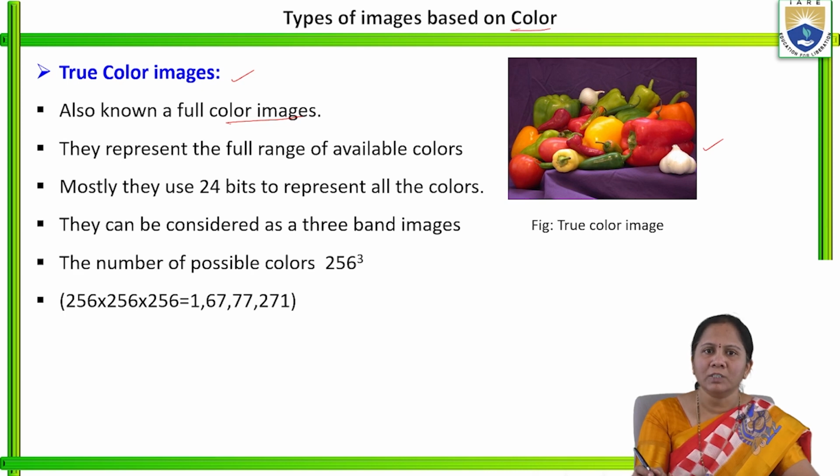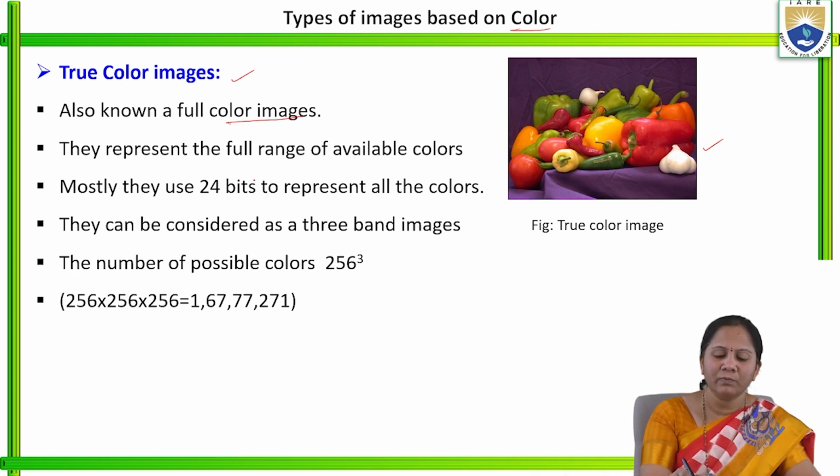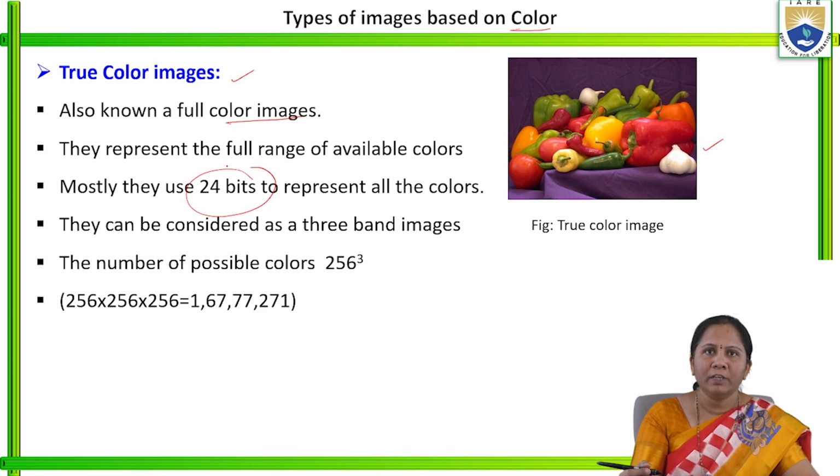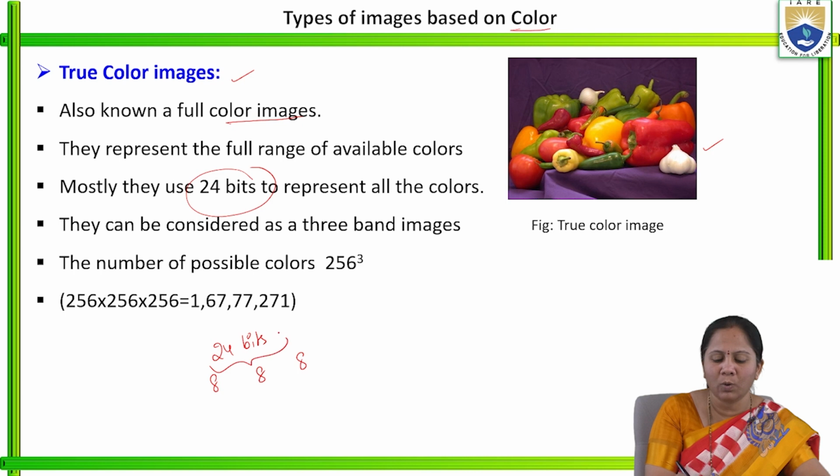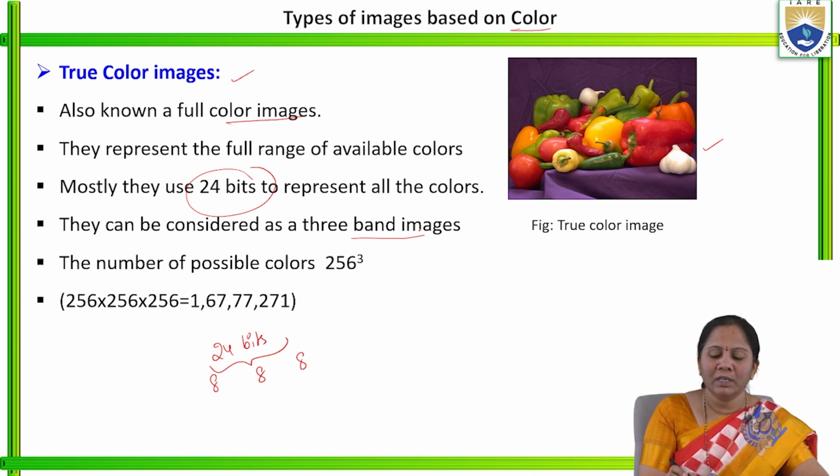These images are represented with the help of 24 bits. By dividing this 24 into 3 different channels, we can write this as 8, 8, 8. This is represented in the form of 3 band images, where the 3 bands are 8, 8 and 8.